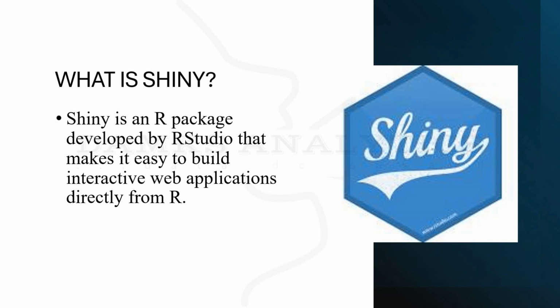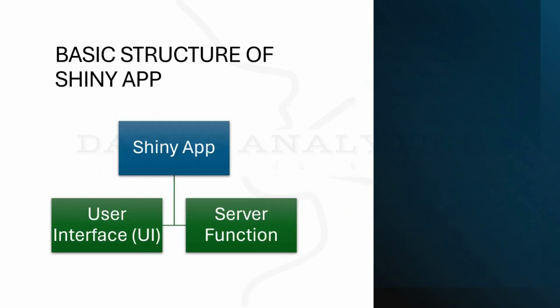The second part is talking about the basic structure of a Shiny app. We have two main structures for a Shiny app. The first part is what we call the user interface.